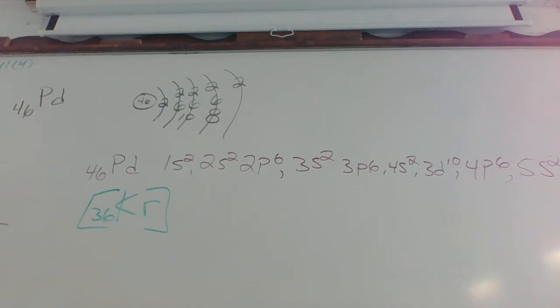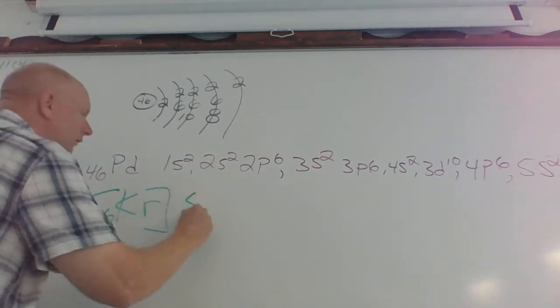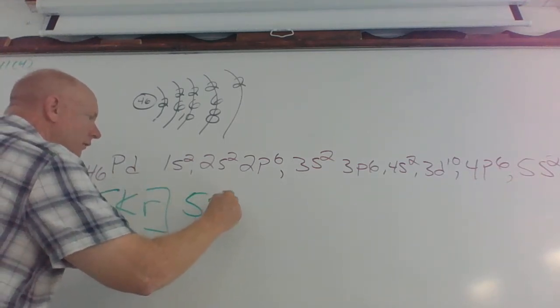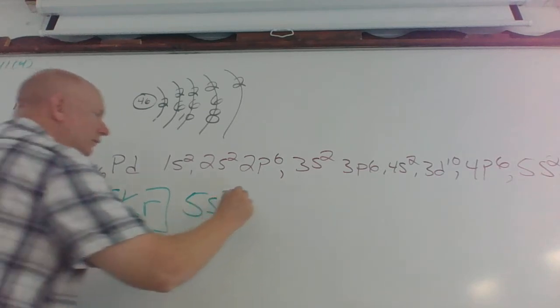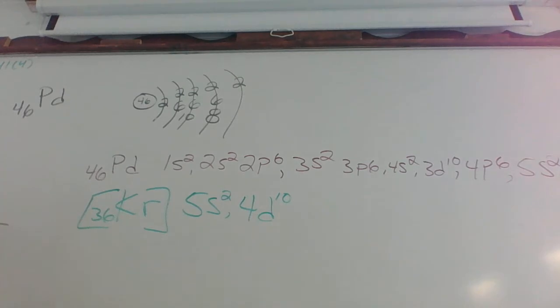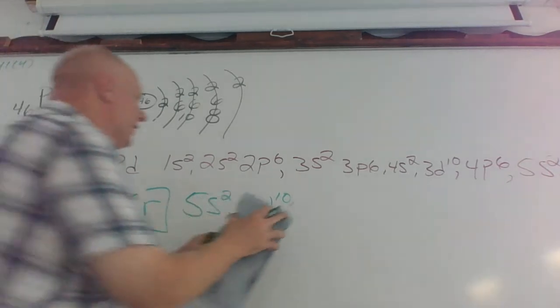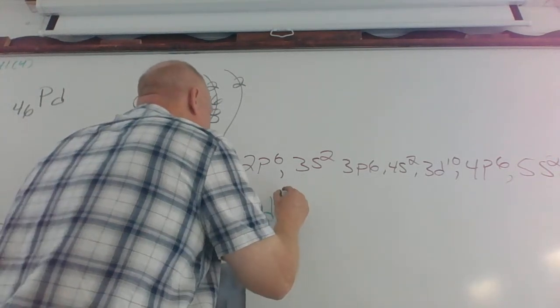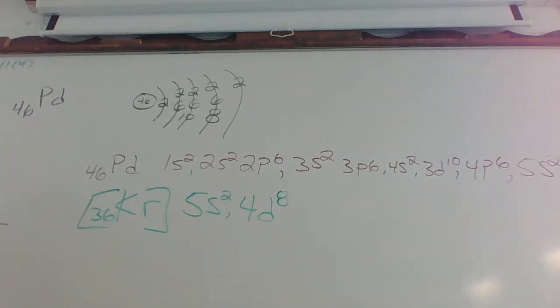So what comes after 4p6? 5s2. Then what? What's 12 and 30? I'm going to say something's not right. 36 plus 10 gives you what? 46. So these are the exact same elements. This is just a simpler way of writing it.